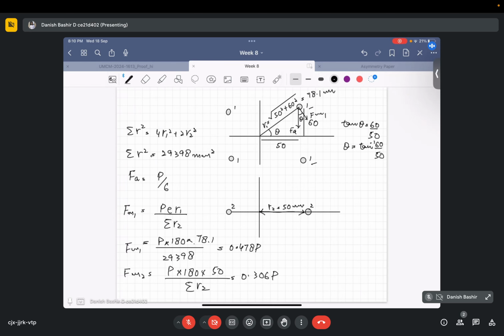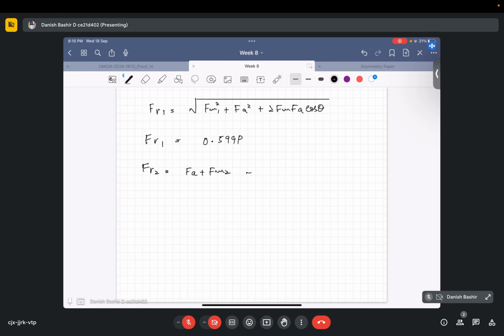Fa is in this direction and Fm2 is in this direction also, so it will be just the summation, and it comes out to be 0.306 P plus P by 6, which is 0.437 P. So the total resultant Fr will be the max of Fr1 or Fr2.